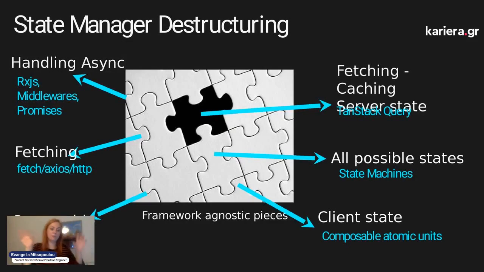And this is how I visualize the future of state managers. The future of state managers in frontend would be split into sub state managers, and each one will be very good at doing something specific. For example, as we have React Query, which is very good at caching, we will explicitly have these sub modules of caching, which is React Query.